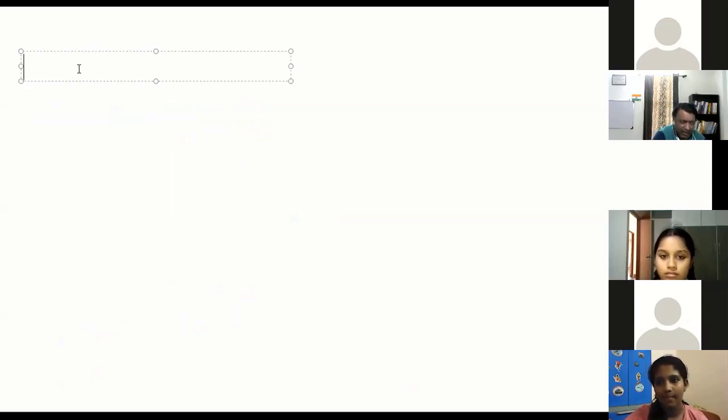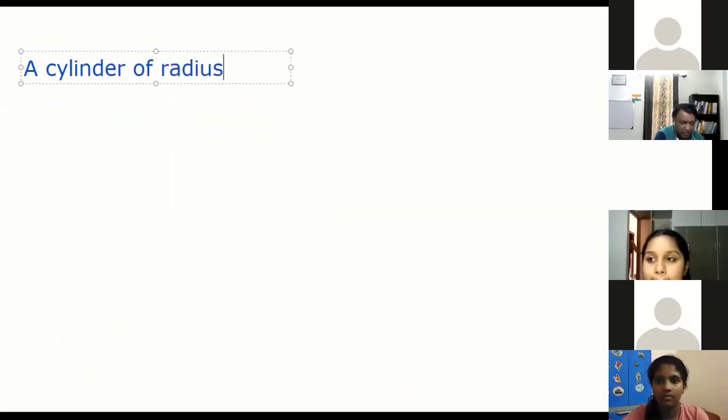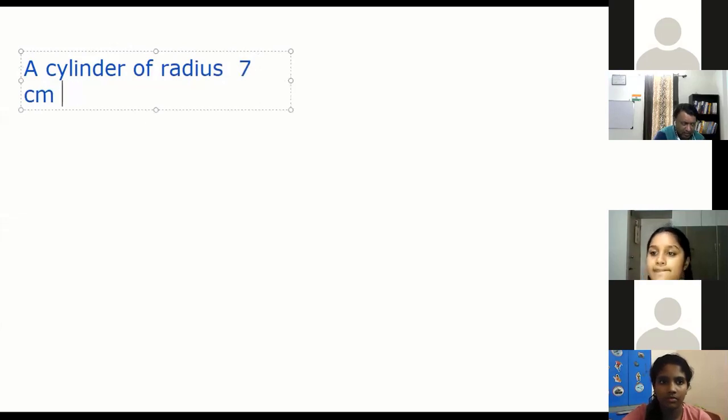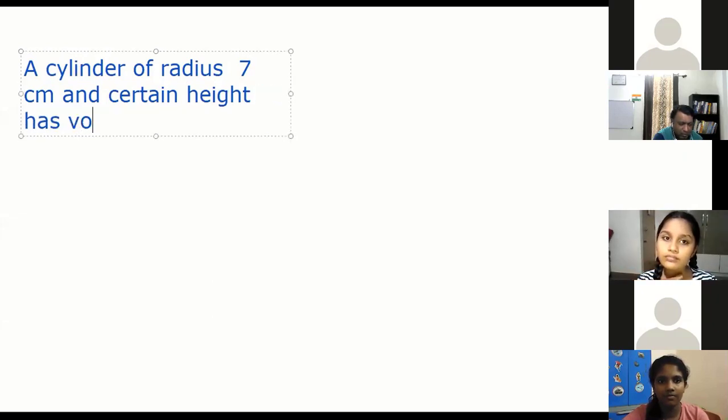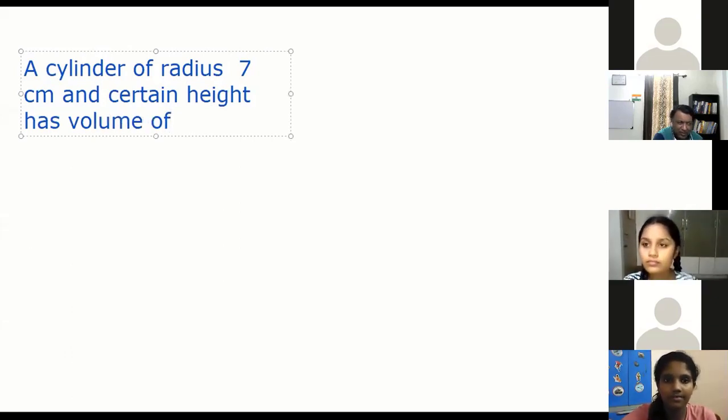Okay. A cylinder of radius 7 centimeter and certain height has a volume of, say, 420 centimeter cube.